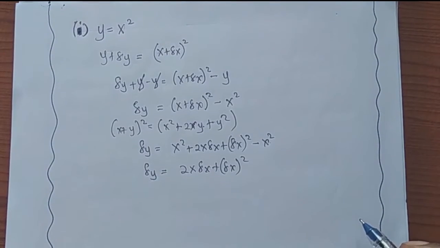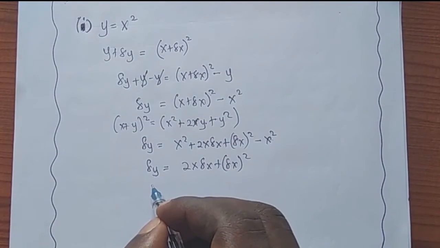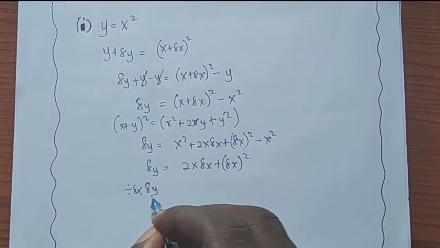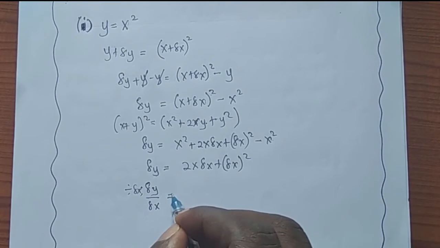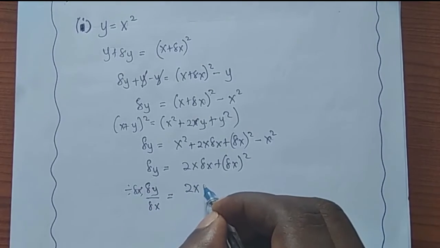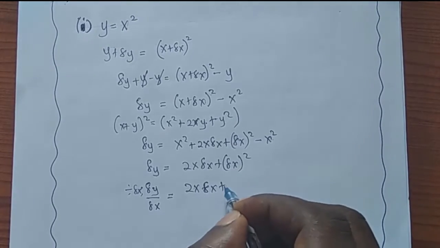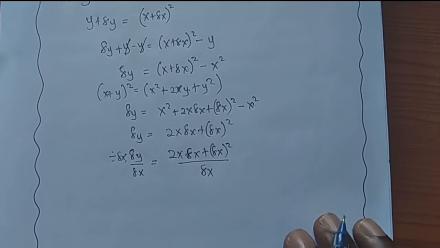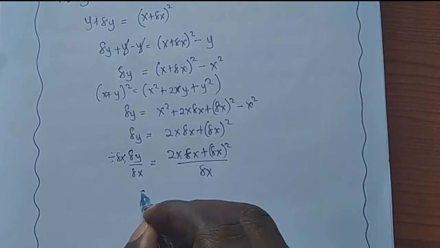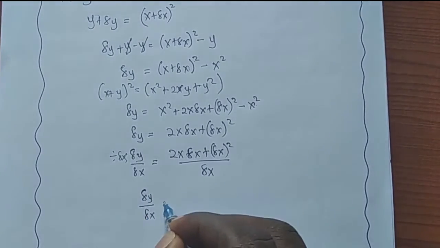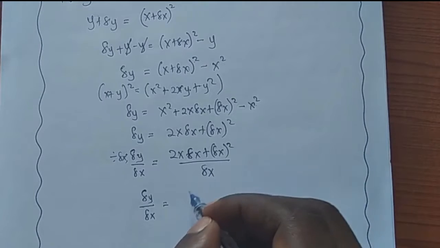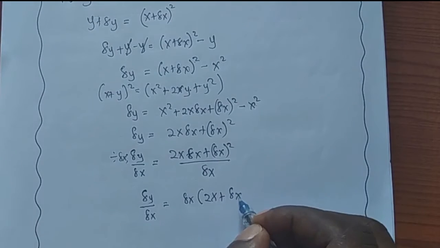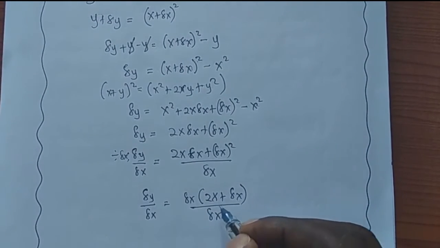Now the last step is divide through by change in x. So this divided by change in x, we get 2x change in x plus change in x squared, everything divided by change in x. So we end up having change in y over change in x is equal to, the change in x can be factorized out, 2x plus change in x divided by change in x.